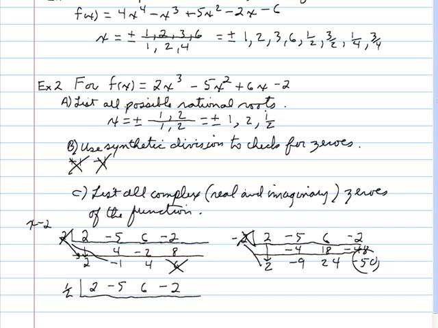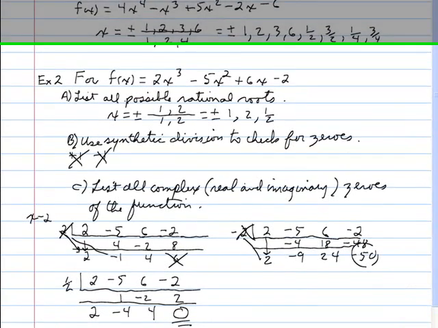The only 2 hopes that I still have, and these don't have to be roots, but they're at least hopes, would be positive a half and negative a half. So here I'm going to try positive a half. I bring down my first number. I multiply, a half times 2 is 1, and I add. I multiply, a half times negative 4 is negative 2, and I add. A half times 4 is 2, and I add, and that's 0.